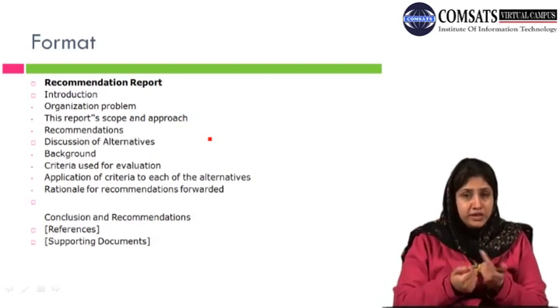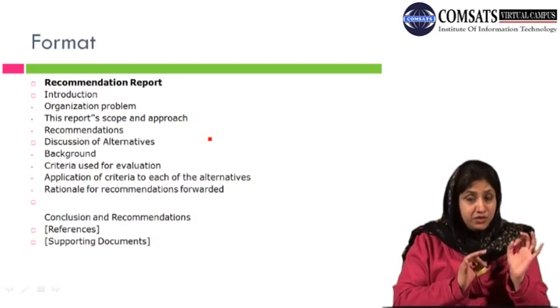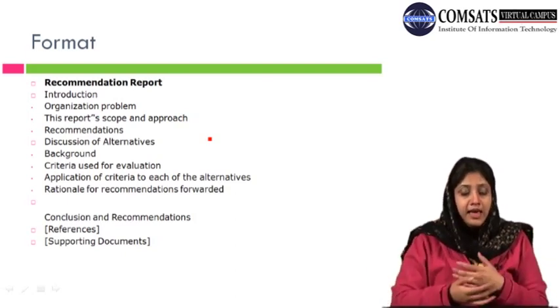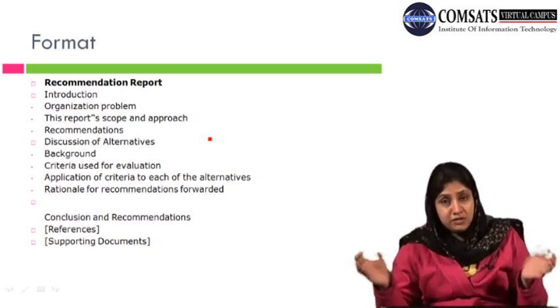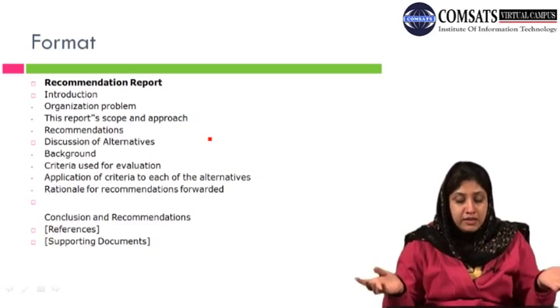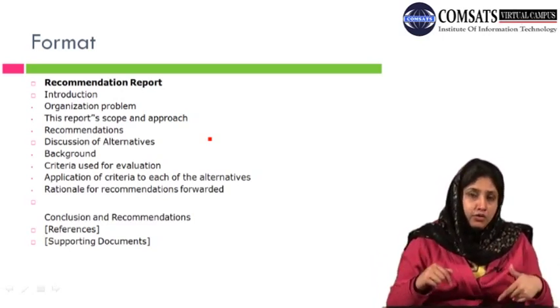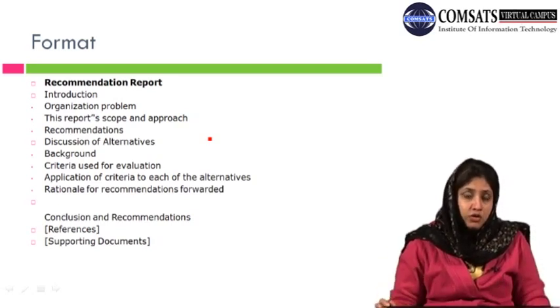And then the discussion of alternatives section will involve the background of the problem, criteria used for evaluation, how you evaluated all these things, and application of criteria to each of the alternatives. So you are providing a comparison and rationale for recommendations forwarded. And then the conclusion and recommendation section will provide references and supporting documents.